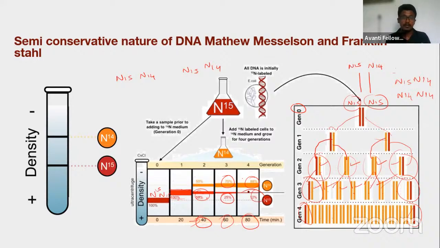So this experiment gave solid proof that DNA replicates through the semi-conservative mode of replication.